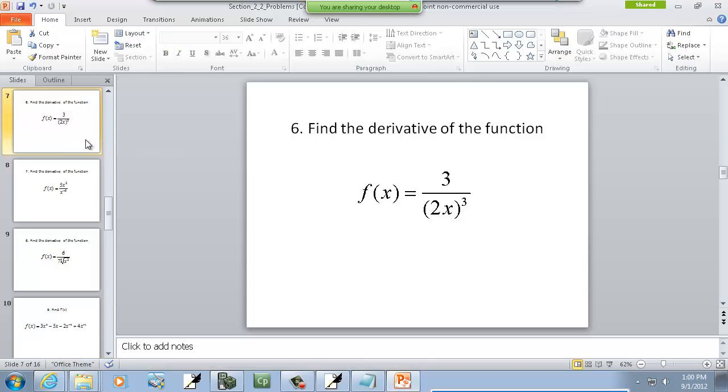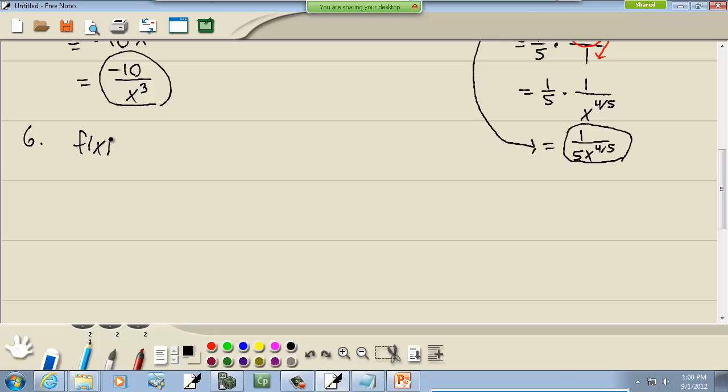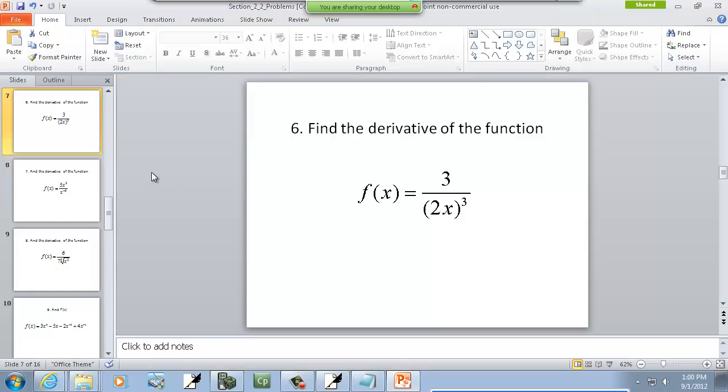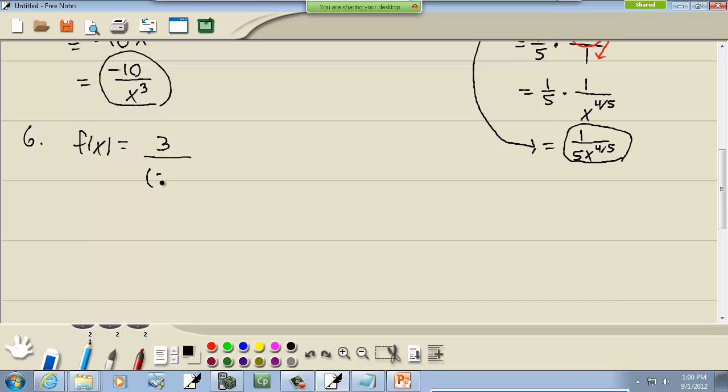On this one, we've got f of x is equal to 3 over 2x to the third. Now our properties are very straightforward right at this point. You can have a number sitting there by itself, you can have a number with an x beside it, or you can have x to a power. We can't have a fraction where we have x down in the denominator.